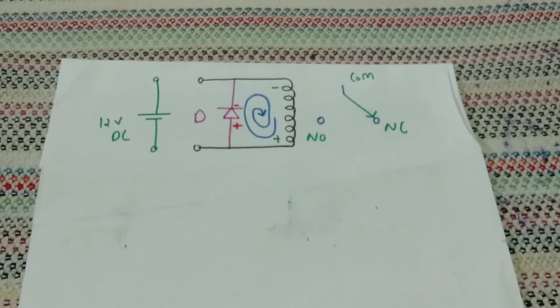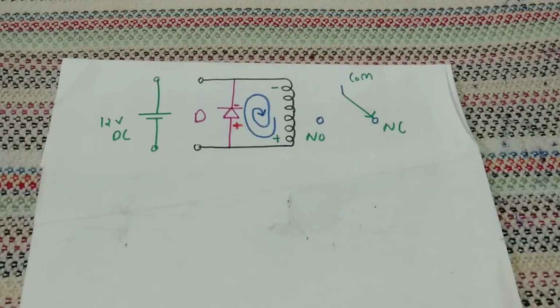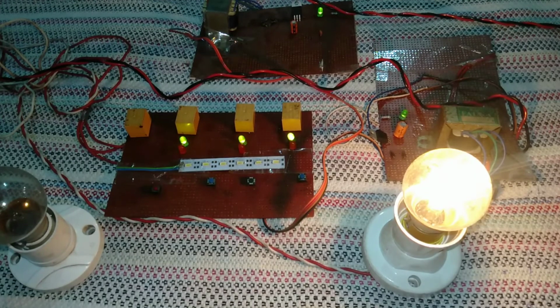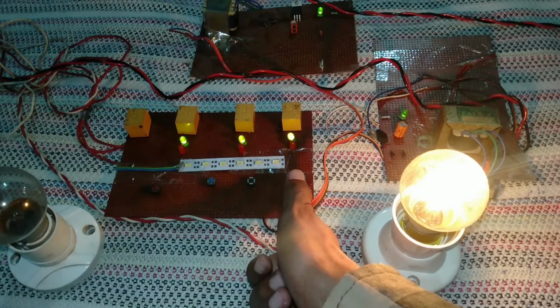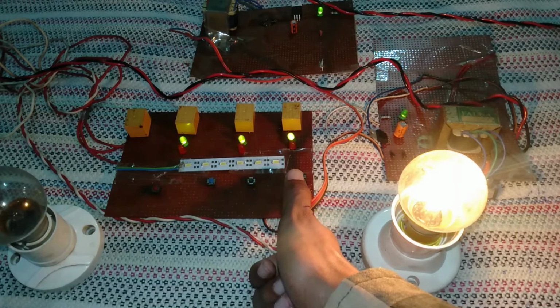Now I'm going to show you live how the relay switches the load on 220 volt AC supply while applying 12 volt DC to the coil. As you can see in the circuit, the green LED is on, meaning all the relays are in the off condition. When I press the button, the coil energizes.